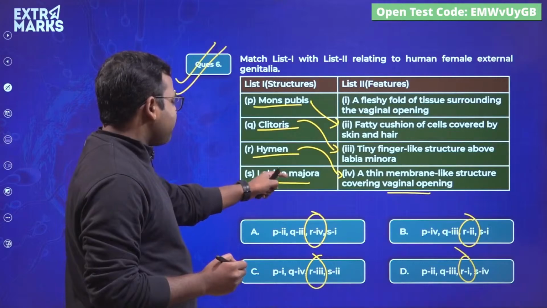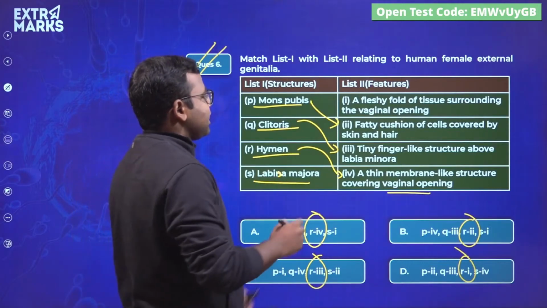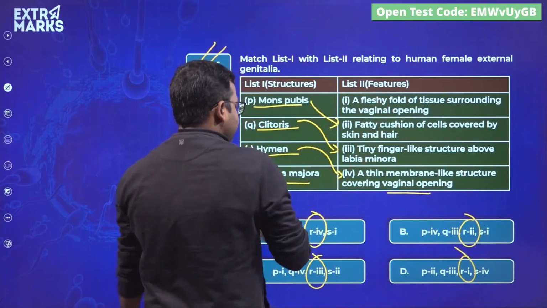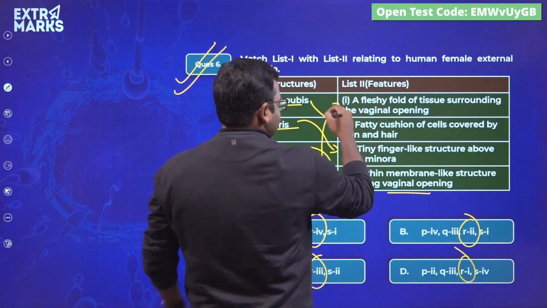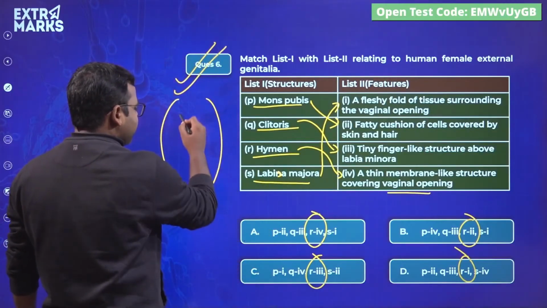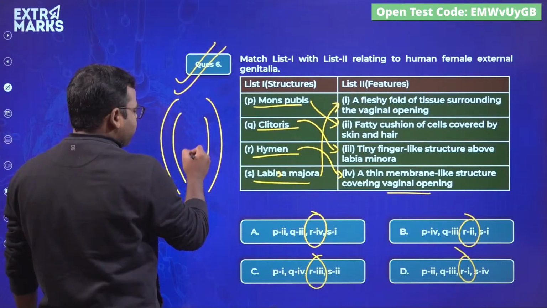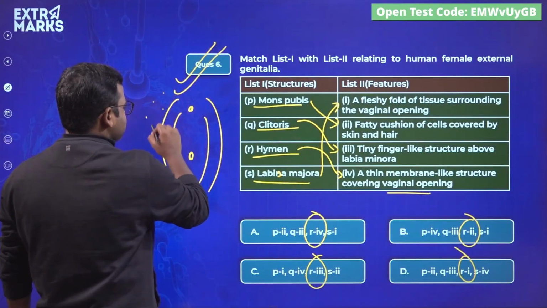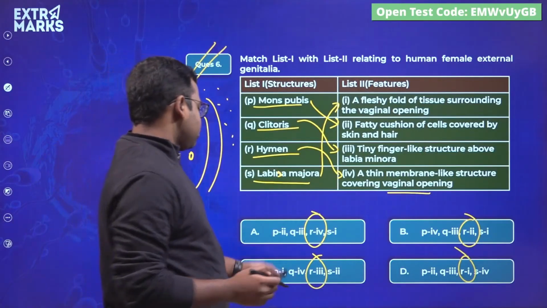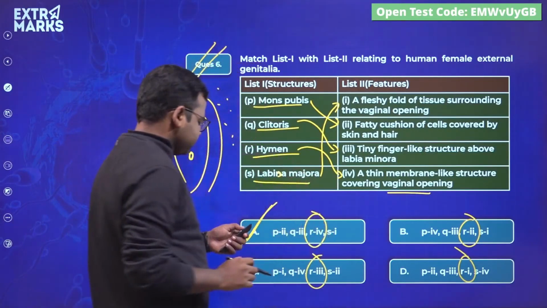And labia majora is basically a fleshy fold of tissue covering completely the vaginal opening. So it is the biggest complete layer, right? So labia majora is there, then labia minora is there, then vaginal opening, clitoris, and then mons pubis. We have studied this in classes also. So the correct answer will be option A.